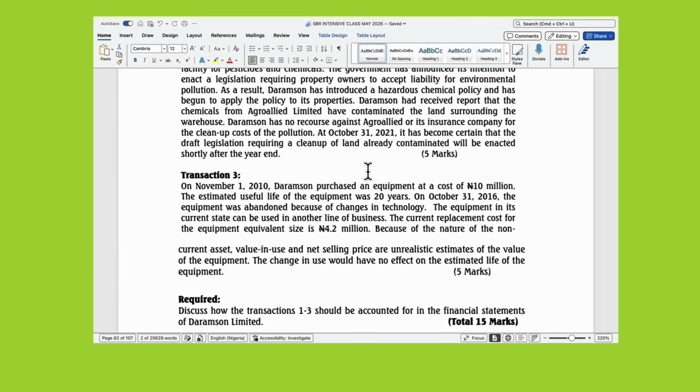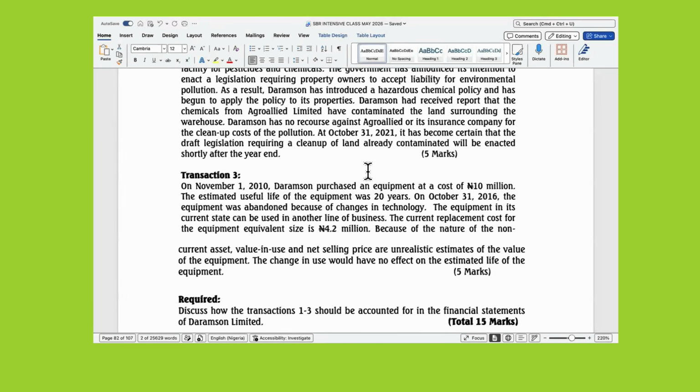If they give you the selling price and all of that, you would write the value down from whatever it is. You credit the asset, you debit impairment loss in your P&L. So the asset is written down to 0. When you eventually sell it off, then you take it off your books.